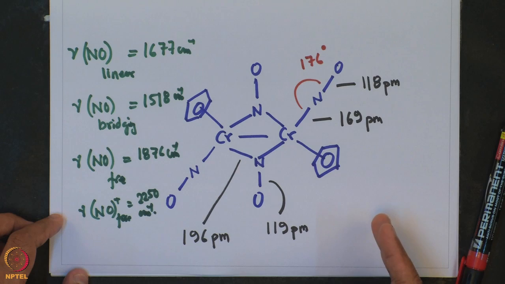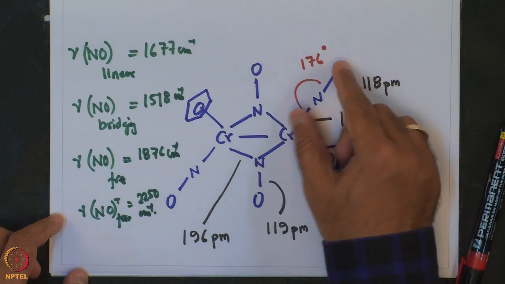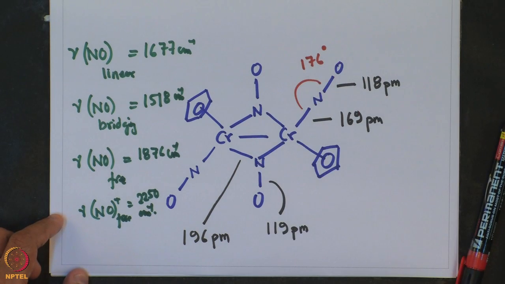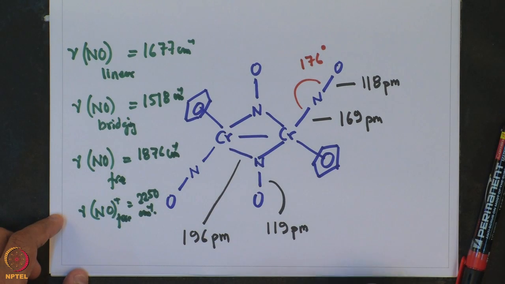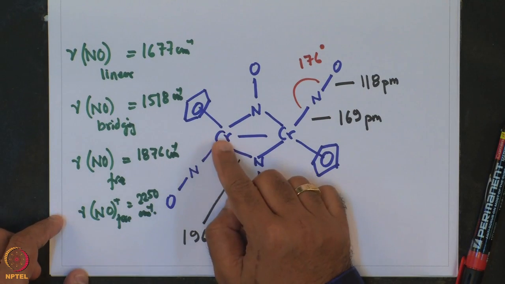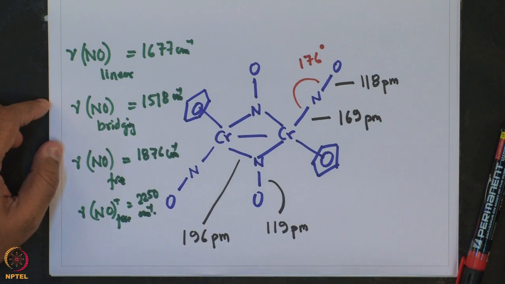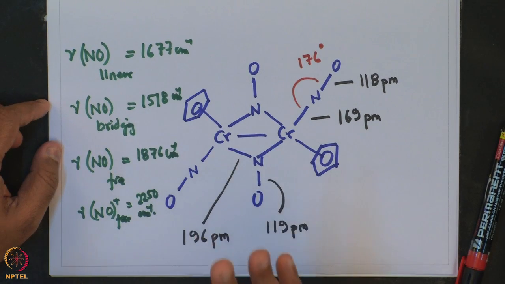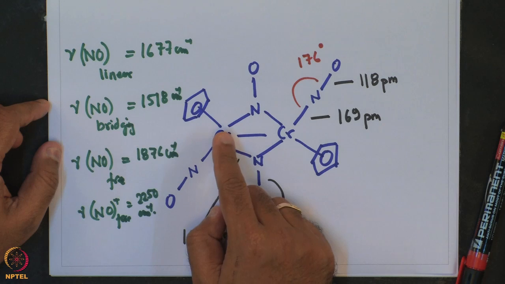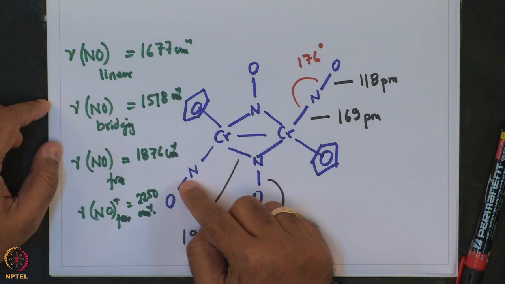So, here is a molecule in which both the bridging as well as the terminal NOs can be seen. There are two bridging and two terminal. Not only that, the terminal ones are in a linear form. That means these terminal NOs are being bound as a 3 electron donor. In this molecule, however, there are no bent terminal NOs observed over here.